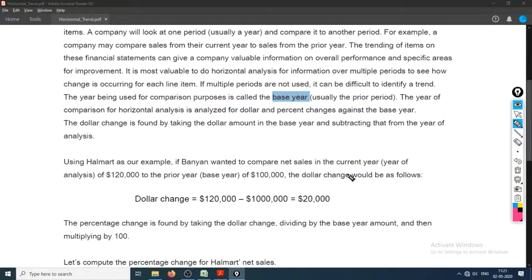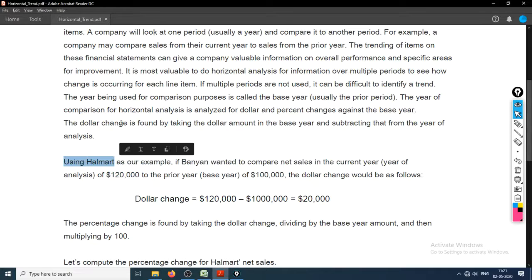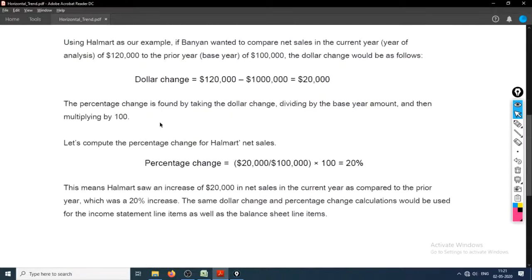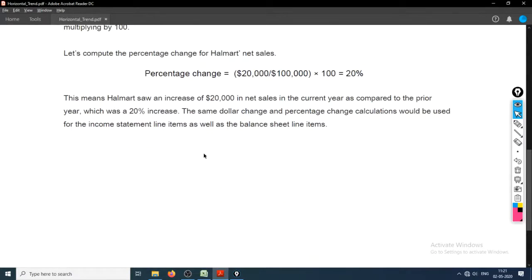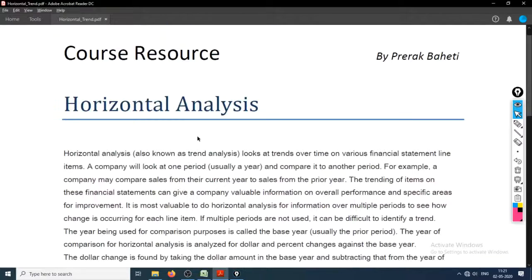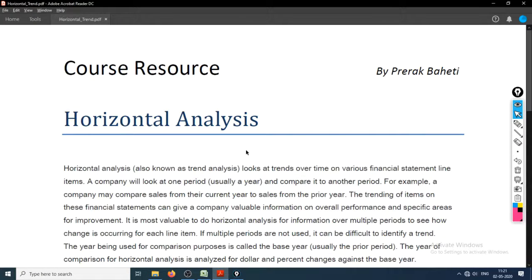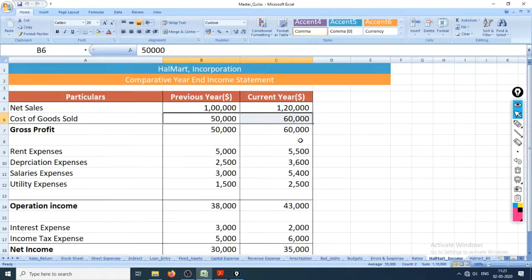Now let's move forward and see how we can do horizontal analysis. Opening the sheet right here, it says how to do horizontal analysis.